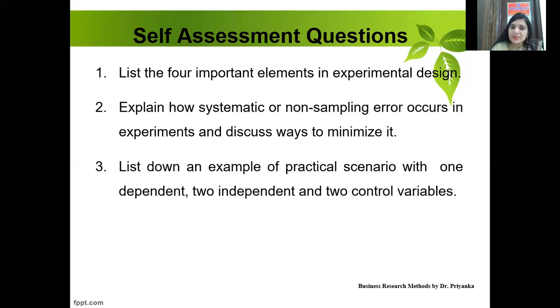That is how non-sampling error comes. These are called systematic errors. And randomization basically is something which can actually reduce this, which is the random assignment of subjects and treatments to groups, is one device for equally distributing the effects of external variables to all conditions. So randomization here is the answer, and you can discuss it with one example.